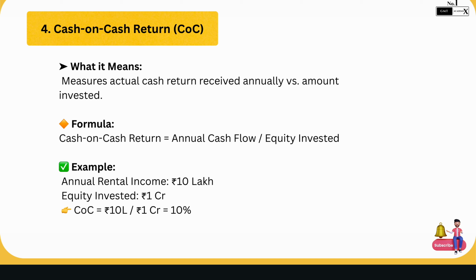Example: annual rental income is 10 lakhs and equity invested is 1 crore. So 10 lakh divided by 1 crore, the cash on cash return should be around 10%. In short, cash on cash means how much amount investors have received from the fund, compared with the total amount invested. Simple.